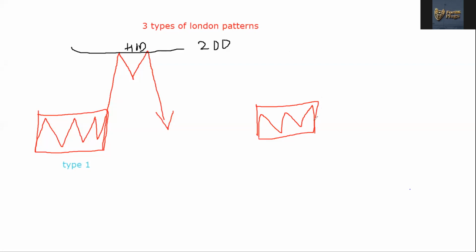So the dealer just goes to that high and then goes down. That's type 2 London pattern. So the dealer maintains the high and the low that is set in the Asian session, and usually we can have the 200 EMA close to the high in this case.